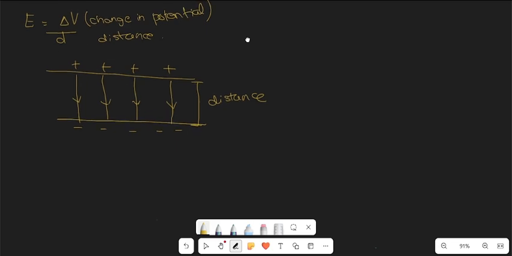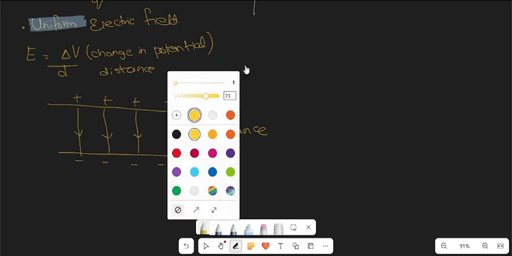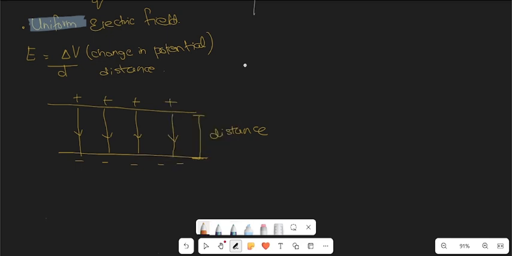Now another thing, I will draw the electric field strengths of a positive charge and a negative charge. So if you have a positive charge, and then I'll make a negative charge here. For the positive charge, these are all the electric field strengths, and you have this, then this, then this.